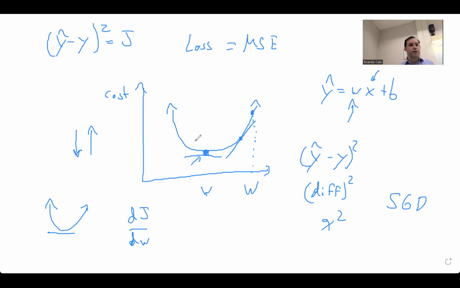So for instance, if the thing was here and the tangent looks like this, this would give you positive, this would give you negative. What that means is that the W here is plus a little delta, determined by the learning rate. And over here, it would be the weight where it is minus a little delta, which is determined by the learning rate.